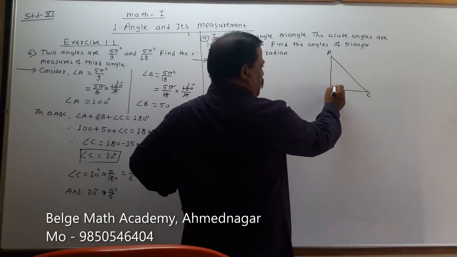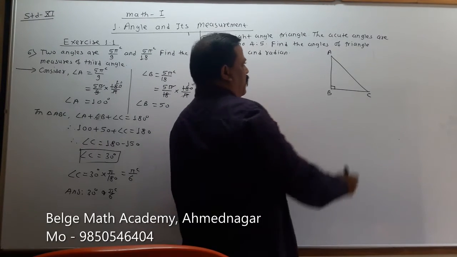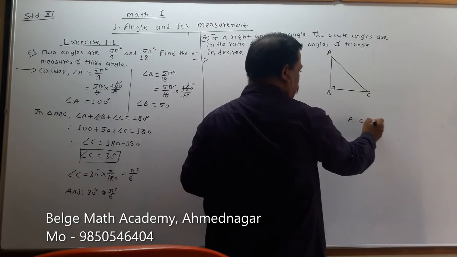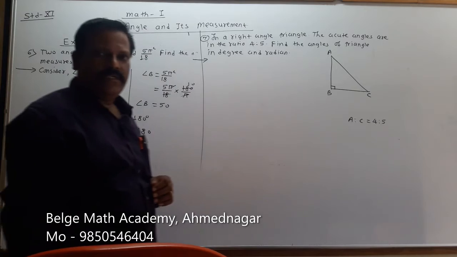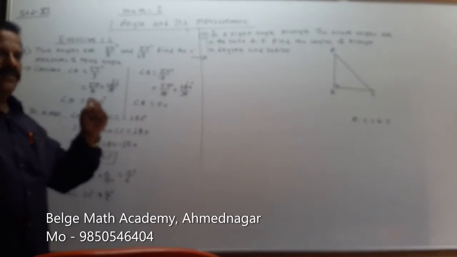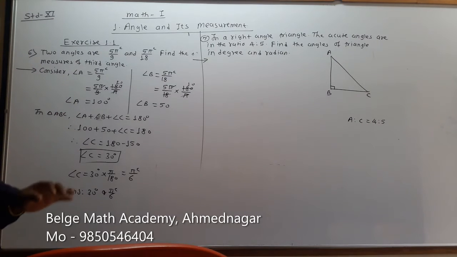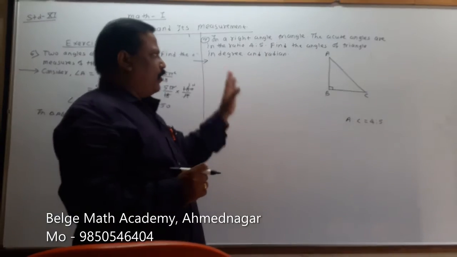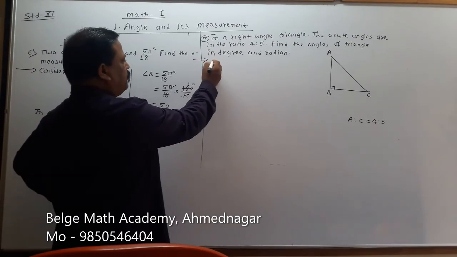This angle B is already 90 degrees, and the remaining two angles, angle A and angle C, are in the ratio 4:5. Then we calculate the angles of the triangle, to calculate the remaining three angles. Now see this solution.